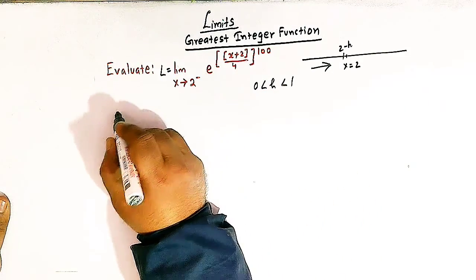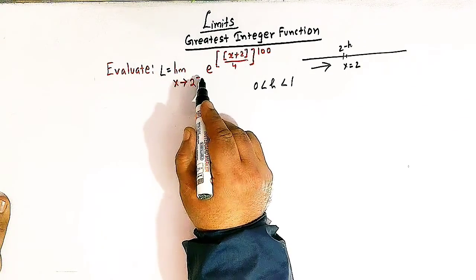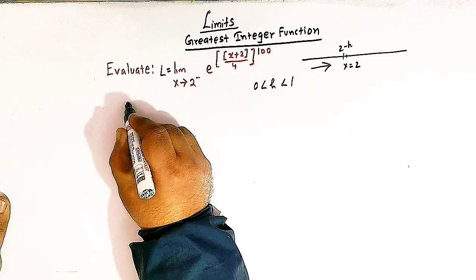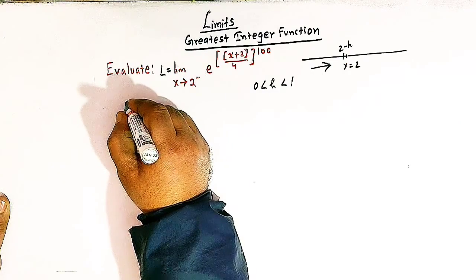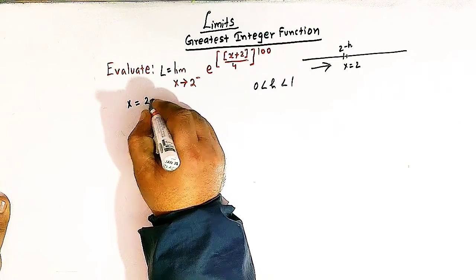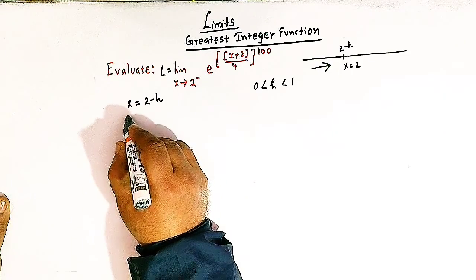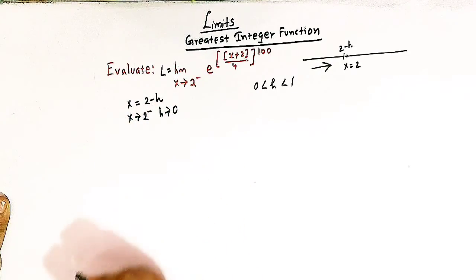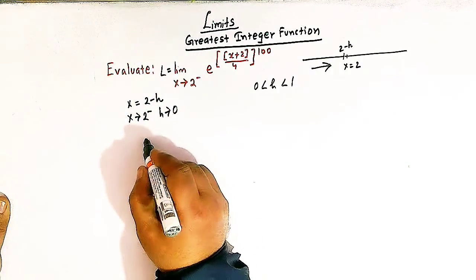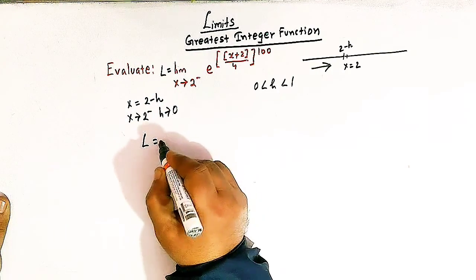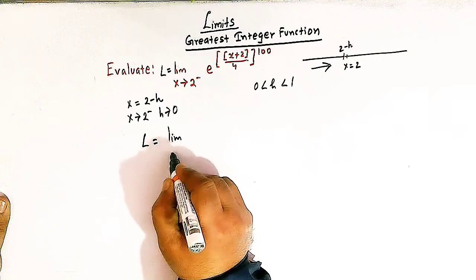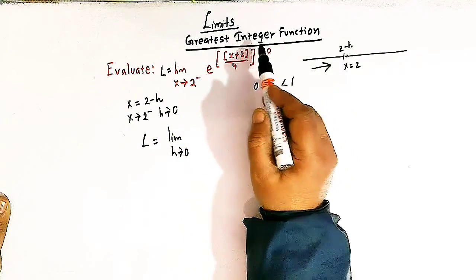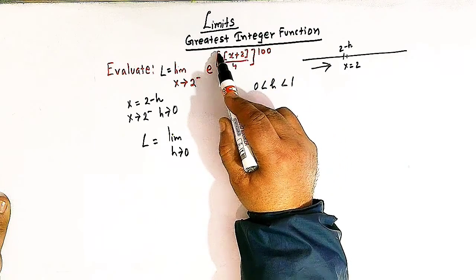So what we will do here, we'll convert this limit in terms of h by substituting x equal to 2 minus h, so that when x tends to 2, h tends to 0. Now this limit takes the form L equals limit h tends to 0, and remember here we have the greatest integer function two times.